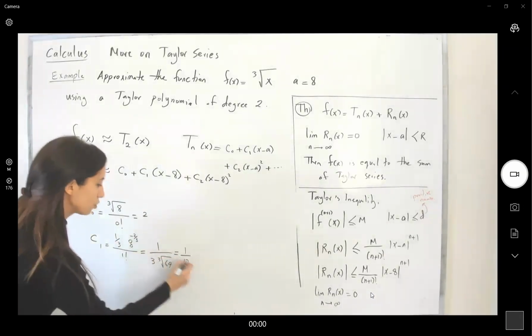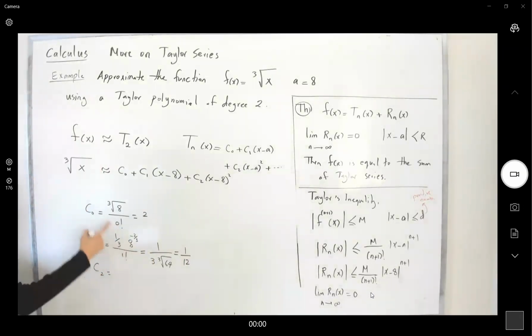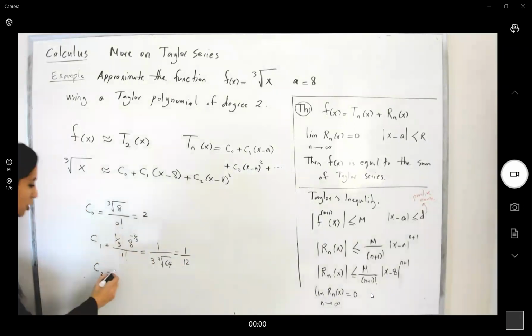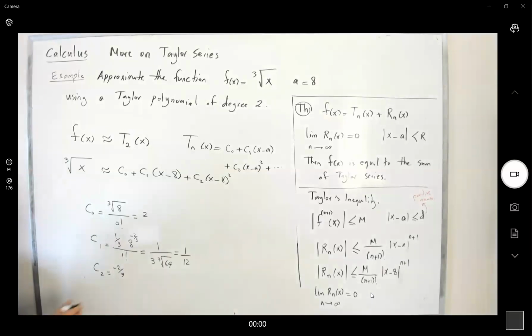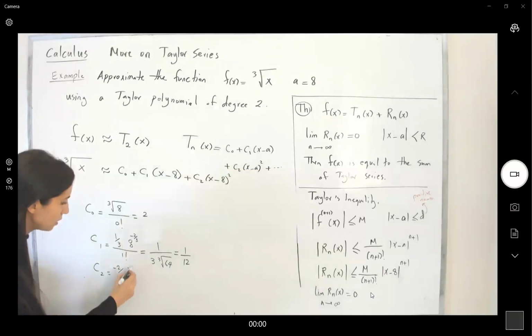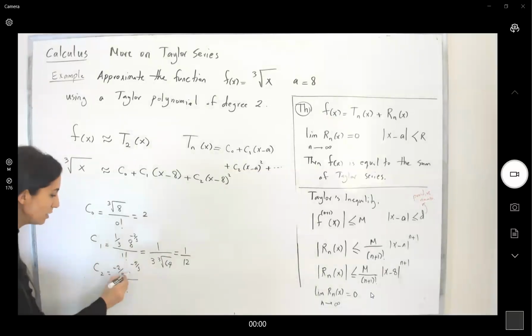So 1 over 12. And c_2 is equal to the second derivative of the function, which gives you negative 2 over 9, and here you have x raised to negative 5 over 3, divided by 2 factorial. Our x is equal to a, which is 8.